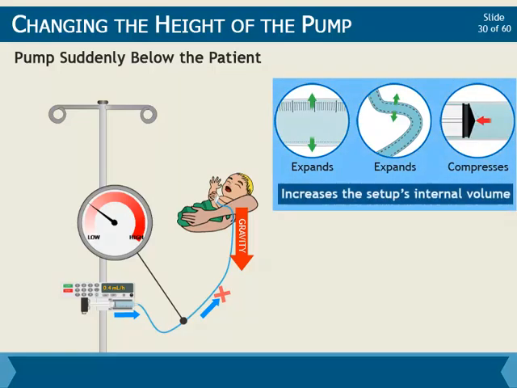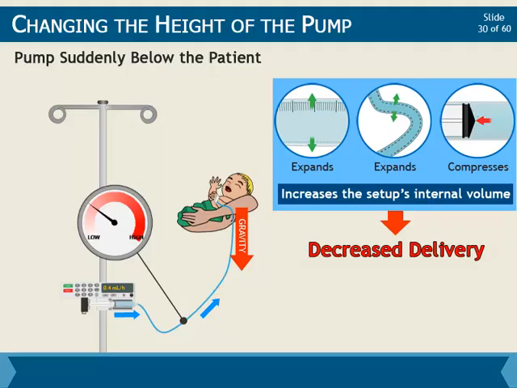This serves to increase the internal volume of the setup to accommodate the fluid, which is no longer flowing to the patient. Therefore, when the pump is suddenly at a position below the patient, there is decreased delivery or even no delivery. However, since this is a bit like a soft occlusion, pressure only builds a little bit, and the syringe and tubing will only deform so much with this pressure.